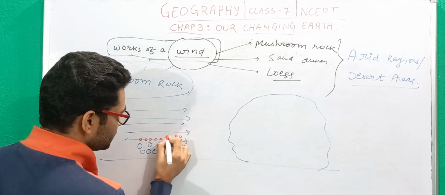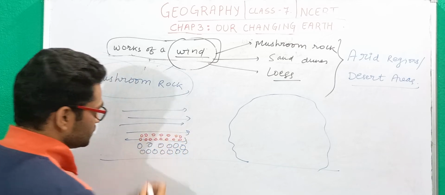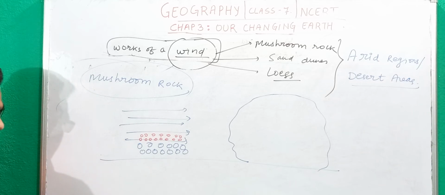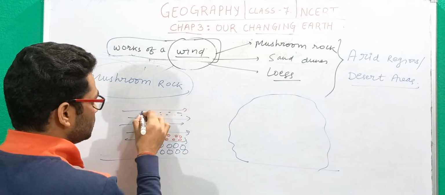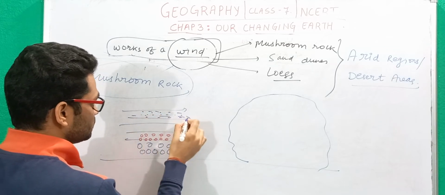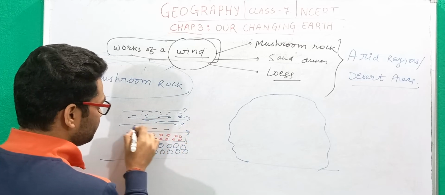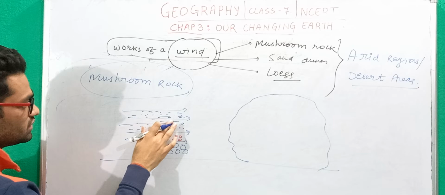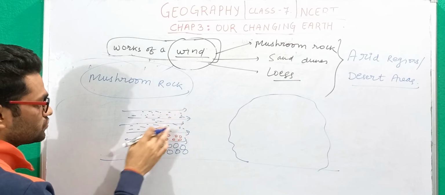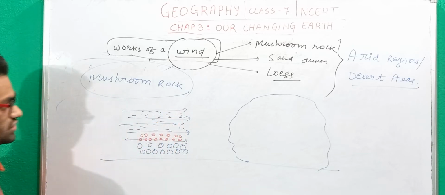So it is a stratified type of formation. The particles which are very small, which are lighter particles, will flow above it. These light particles are very low in density.